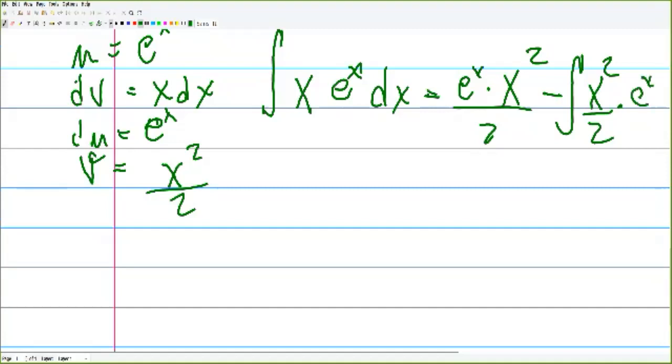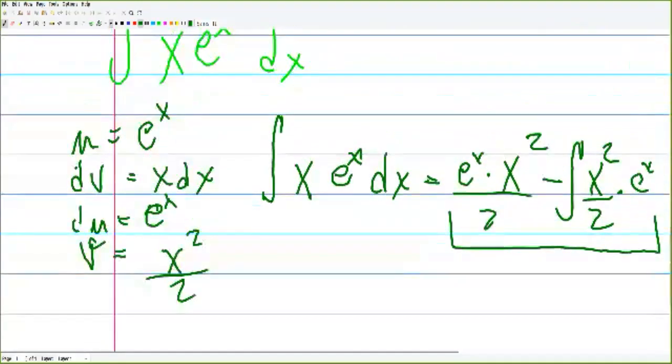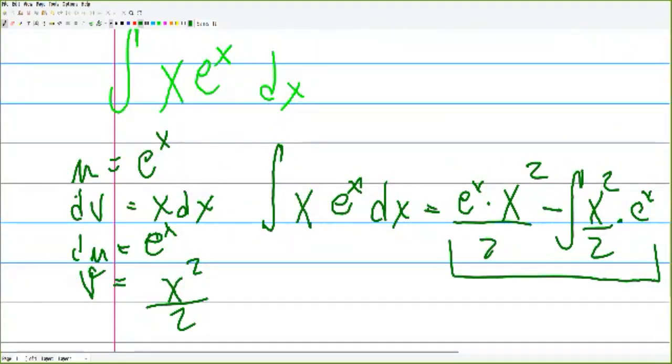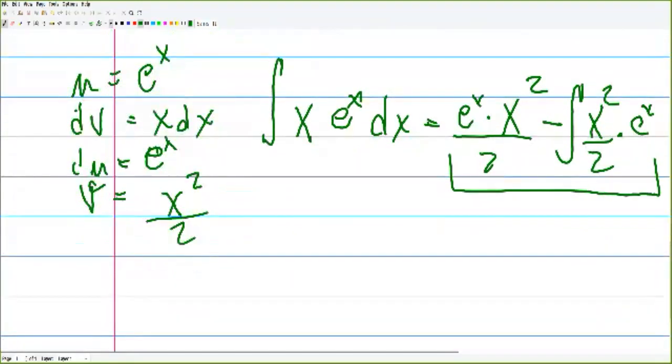This is harder than what we had over here, and it's very hard to do. So this would be a bad choice for u and dv.